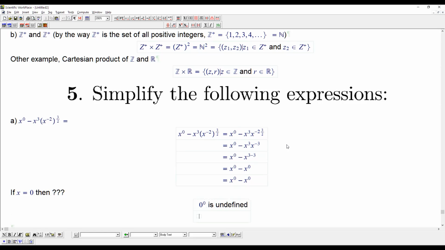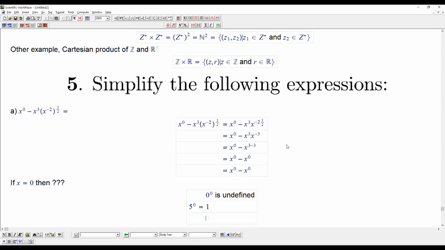If you have anything, like 5 to the 0, it's equal to 1. And if you have 0 to the 1 million, then it's equal to 0. So you see that anything to the 0 should be equal to 1, and 0 to anything should be equal to 0. So then 0 to 0, is it equal to 1 or is it equal to 0?